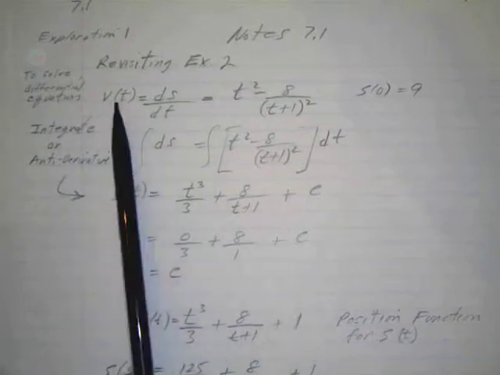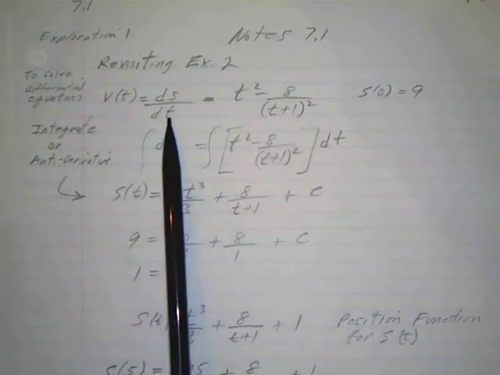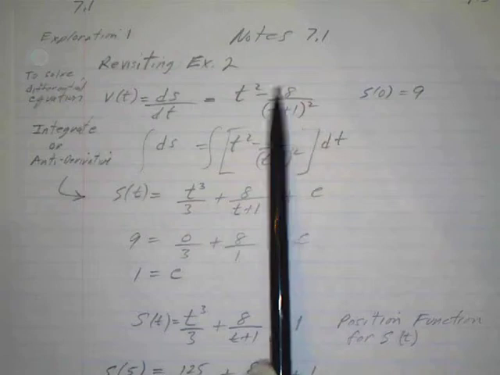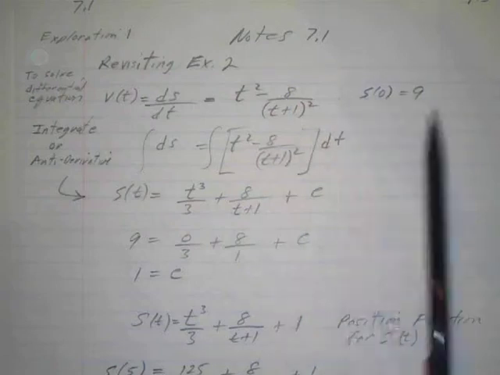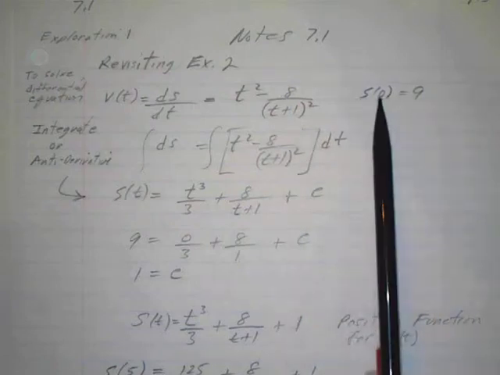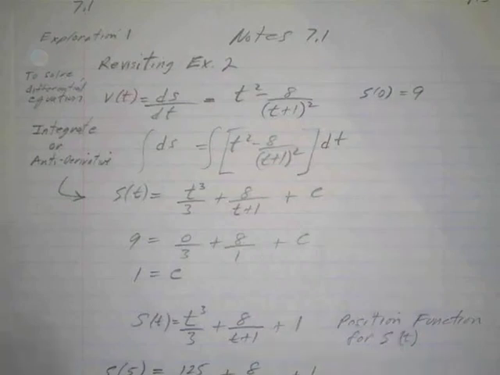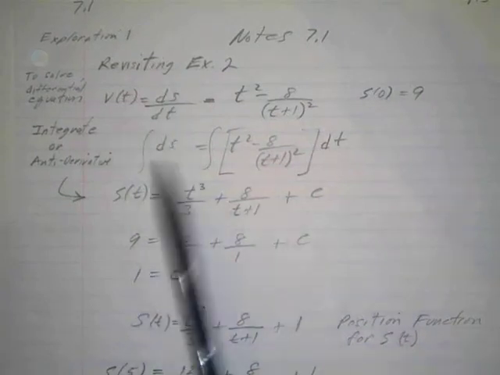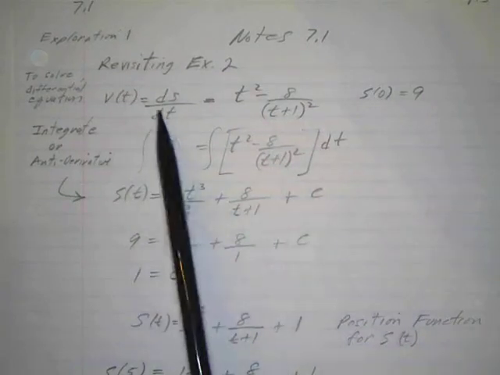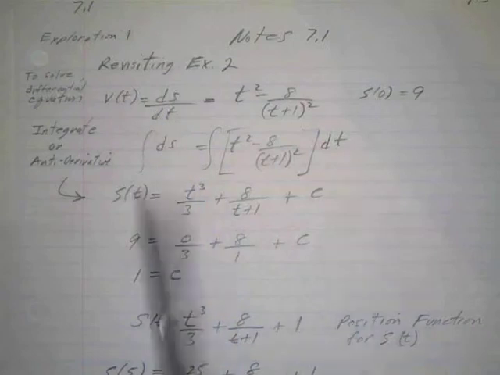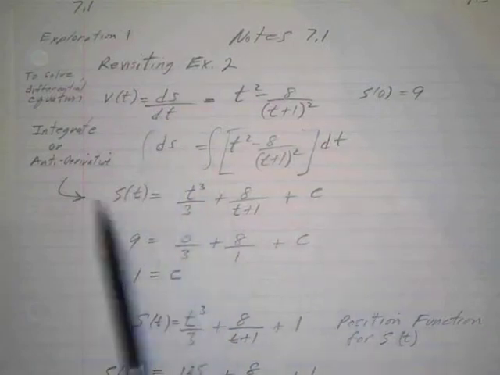So we know that v of t, the velocity, equals ds dt, and this is my v of t, and this is my particular value. So I know when t is 0, then my position s is 9. So what I can do, again, like I did before, is separate the t, put the dt over here, then take the antiderivative of both sides, and I get this.